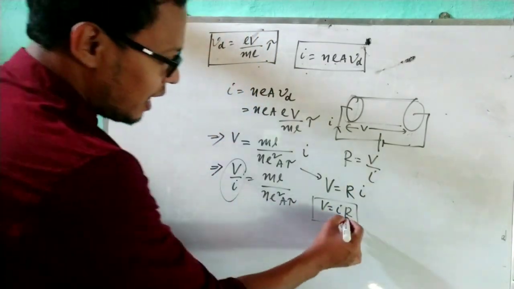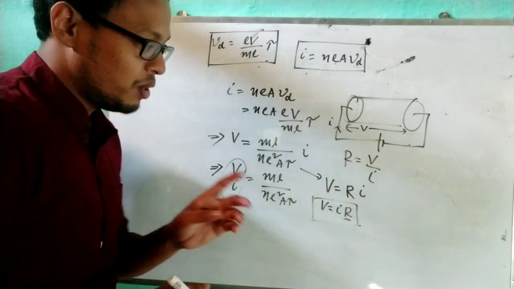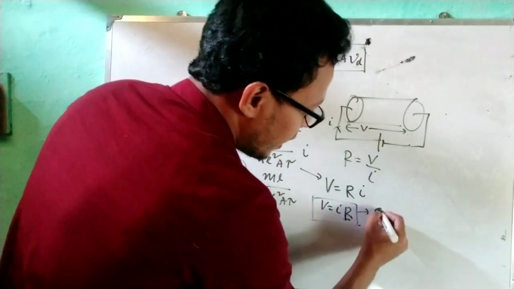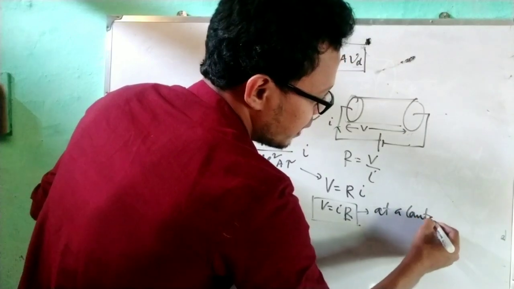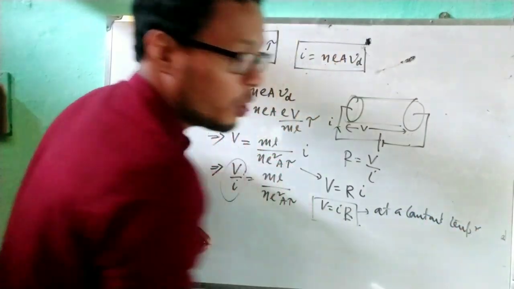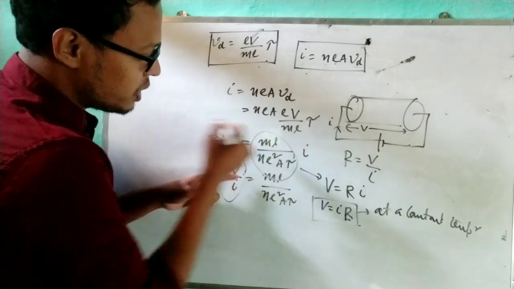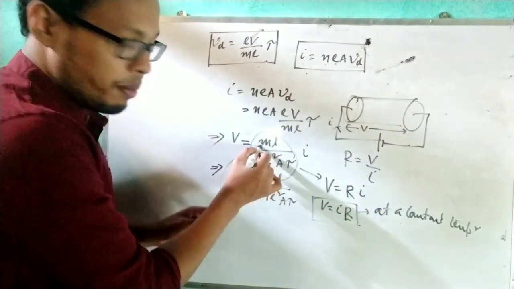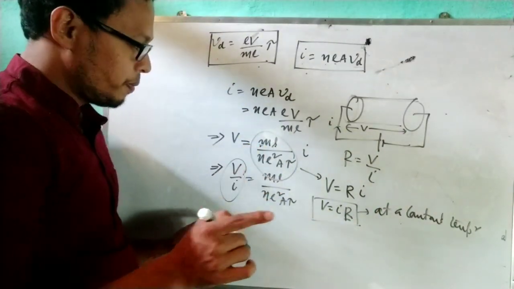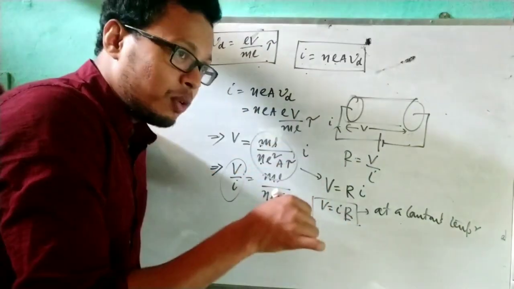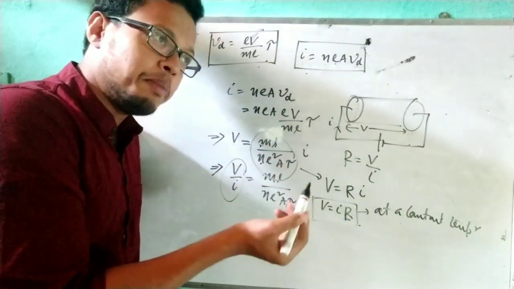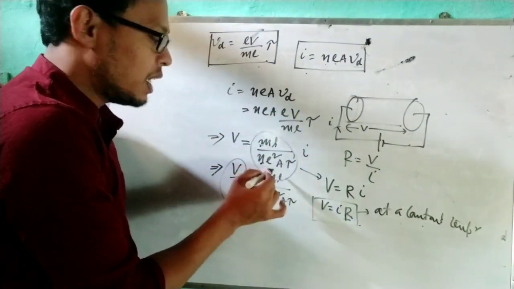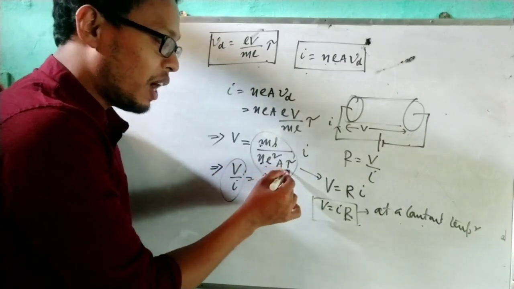One thing, this R is a constant for a condition. What is the condition? This R is constant at a constant temperature. When the temperature remains constant, this total term is constant. Why? At a constant temperature, m remains constant, L also remains constant. The number of electrons at a particular temperature is fixed. When the temperature increases, then the number of electrons will increase. But at a constant temperature, this number is fixed. Charge of electron is fixed. Area is also fixed. Tau means relaxation time.